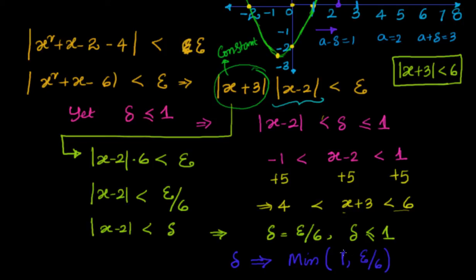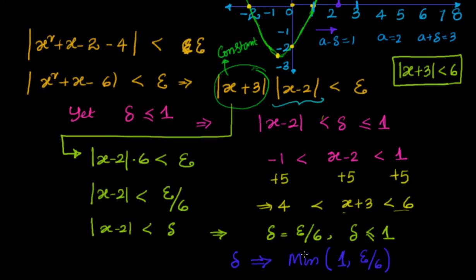The meaning of that is choose one of these two which is the minimum value. If epsilon by 6 is less than 1, I am fine because my condition delta less than 1 is satisfied. If epsilon by 6 is greater than 1, I will restrict delta to 1 because in any case delta cannot be greater than 1. So our approach will be, we will say delta equal to minimum of 1 comma epsilon by 6.